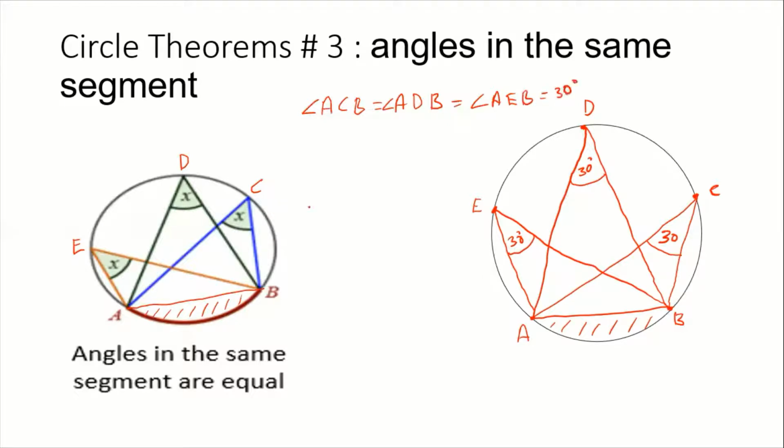As you can see, when you use the endpoints, the angle that you are talking about is always going to be the middle letter. And this little symbol in front of A is what we refer to as angle. So angle ACB, angle ADB, angle AEB, and that would be 30 degrees.